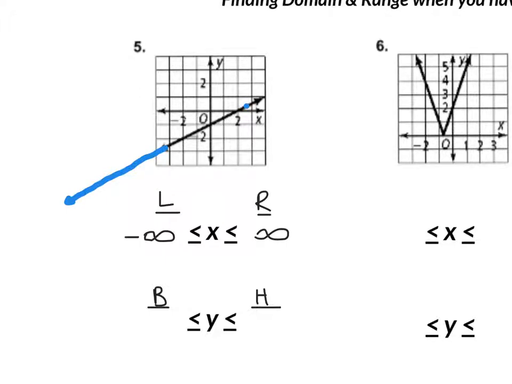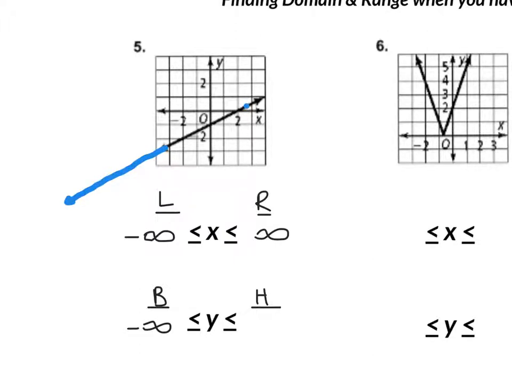Okay, so now I want to go bottom to top. So as I'm looking at this thing, as I follow this line, how low is it? Like this number way out here, how low is that out there? Well, I don't know what number that is. So because I don't know what number that is, since it's low, we're going to make that negative infinity.